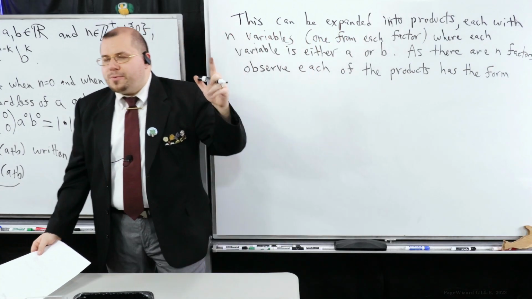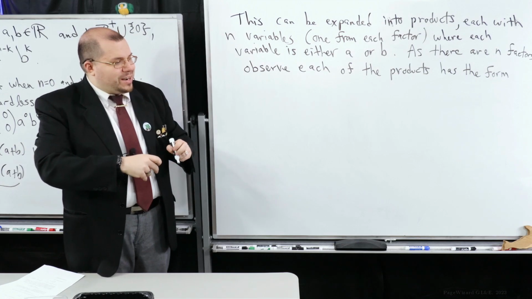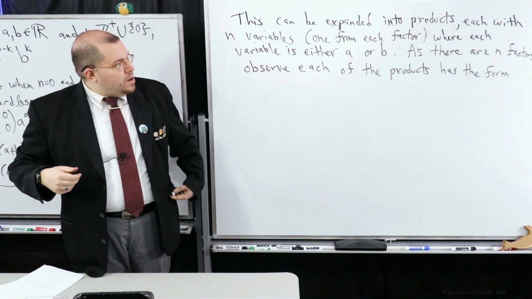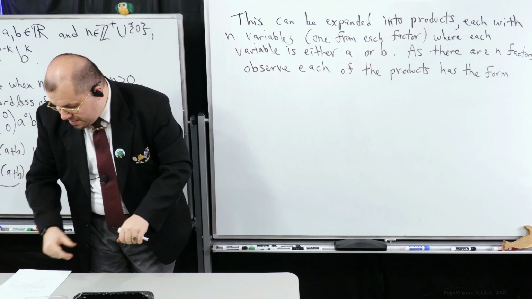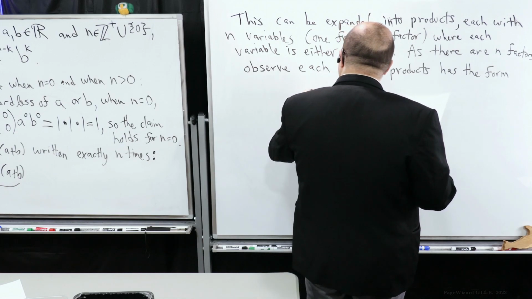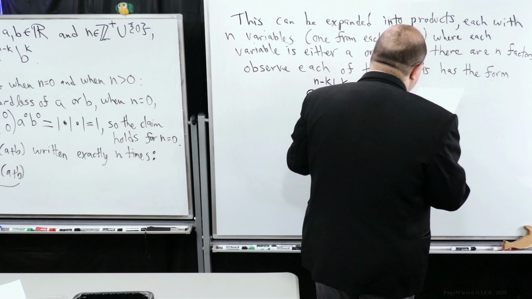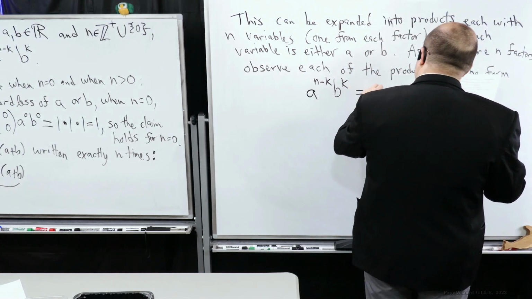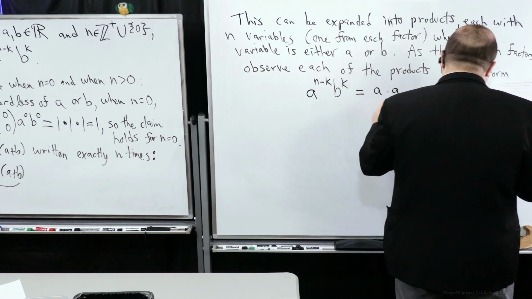Do you know how I went through and I increased a and then I decreased b? Like I kind of alternated them based on k? We can do that more generally. It has the form a to the n minus k, b to the k, which is equal to as follows. A times all the way up to some number of a's.